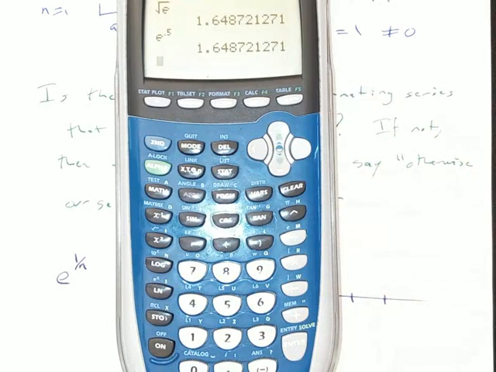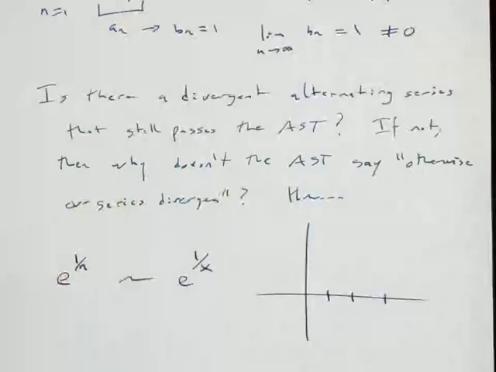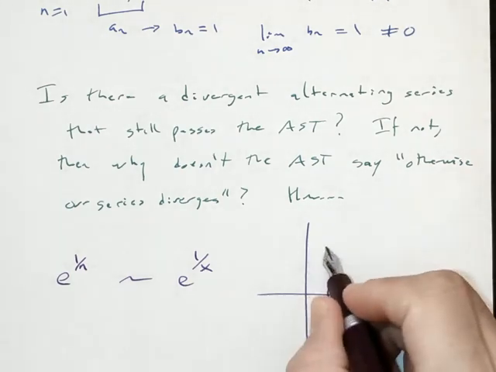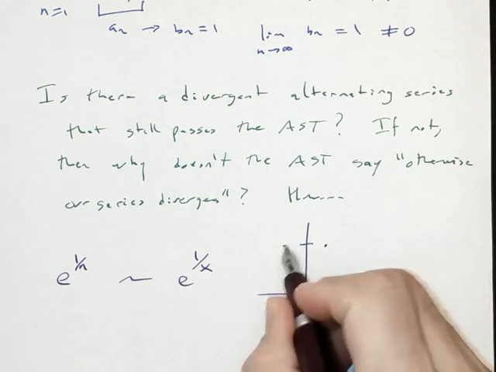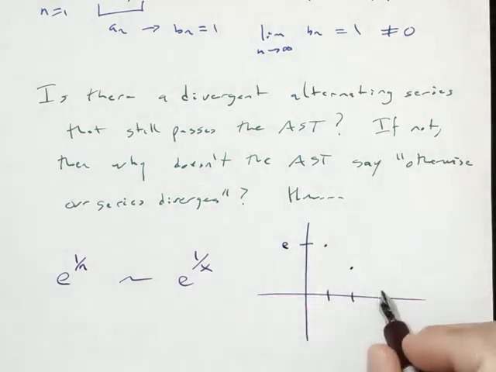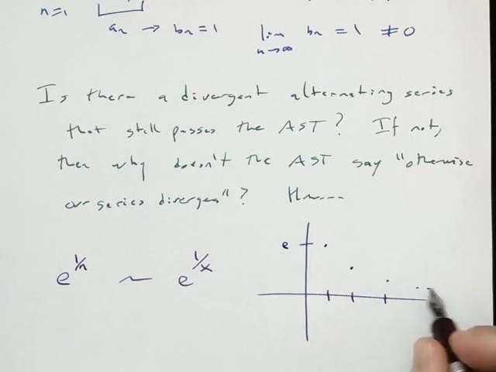Wait a minute. Square root made it smaller. What's a cube root do? What's e to the 1/3? And 1/4? I think it's getting smaller every time, isn't it? So here's my question.